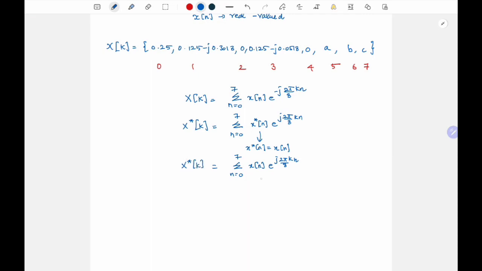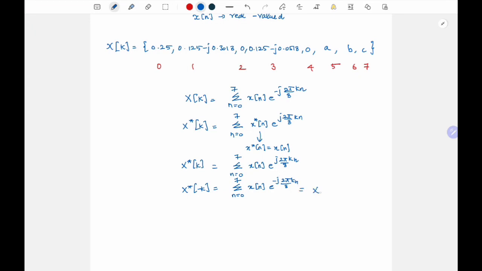Now I need to write this in the form of x of k itself. So I will replace k with minus k so that I get a minus sign here. So x conjugate of minus k is equal to summation n equal to 0 to 7 x of n e power minus j 2 pi by 8 kn.